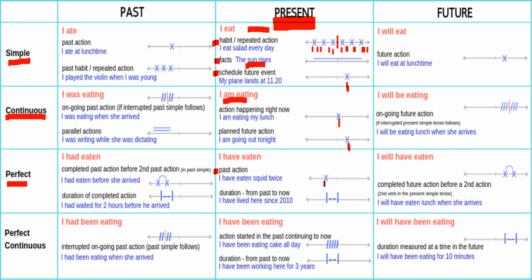It's an event that happened in the past and is still relevant, or still has an effect till now. So that's why we use the present perfect for a past action that happened in the past but is still relevant or has effect.